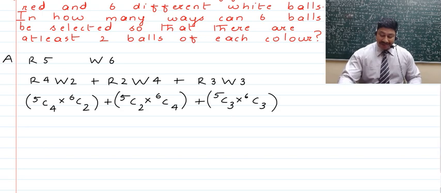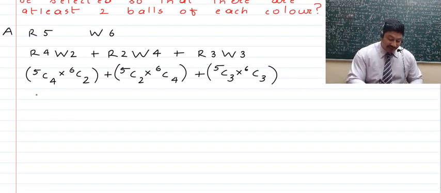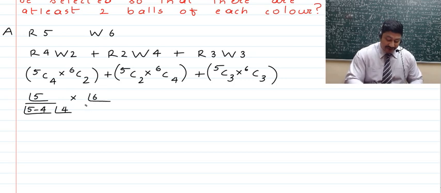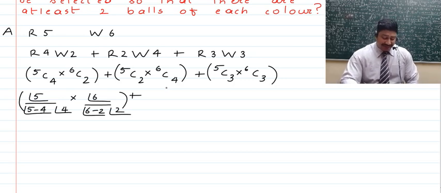Now we've got to calculate this to get to our final answer. So for the children, we can write this as factorial 5 divided by 5 minus 4 factorial, and that is further going to be multiplied by factorial 4. Then we write a multiplication sign, and then we write factorial 6 divided by 6 minus 2 factorial times factorial 2, and then further to it we write an addition sign by putting all of this in a bracket, as this is one group.